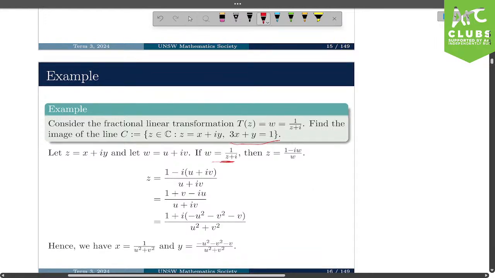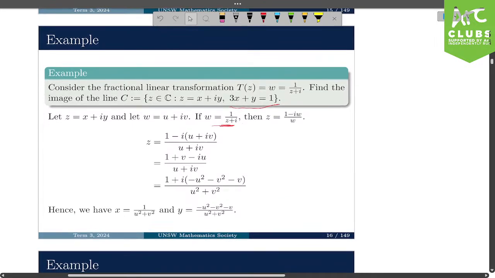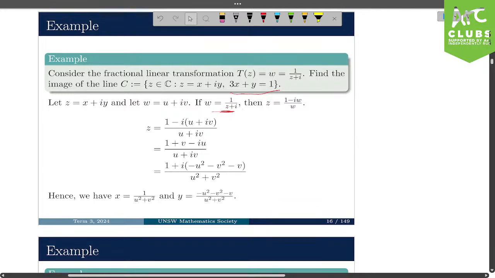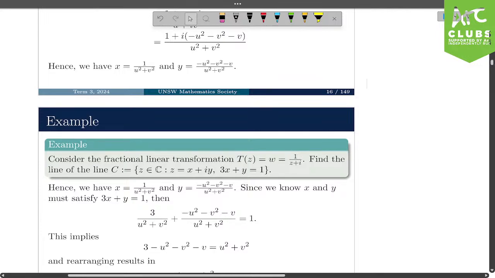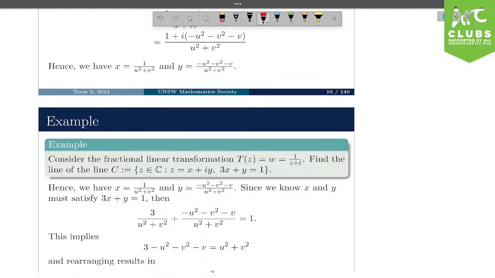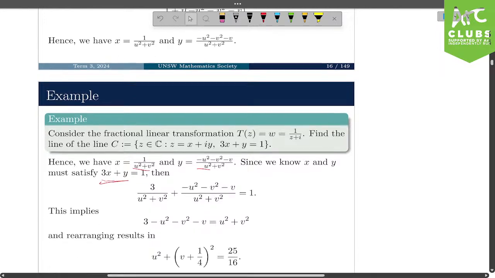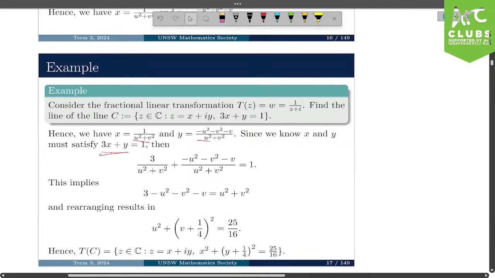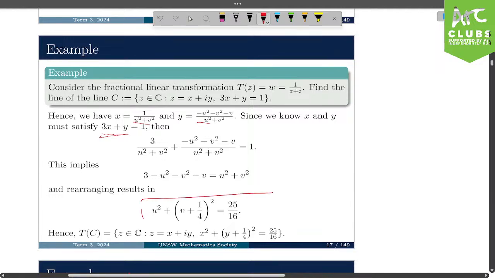We find x in terms of u and v, and since we know the relationship between x and y, which is 3x plus y is equal to 1, we can find some relationship between u and v. We rearrange it, and we eventually get this thing here. So that's one way to do it.